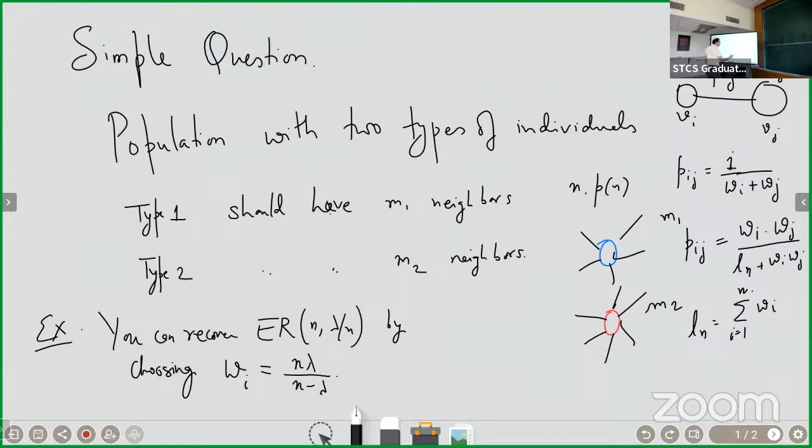That's more complicated stuff. But what do you expect Wi should look like?